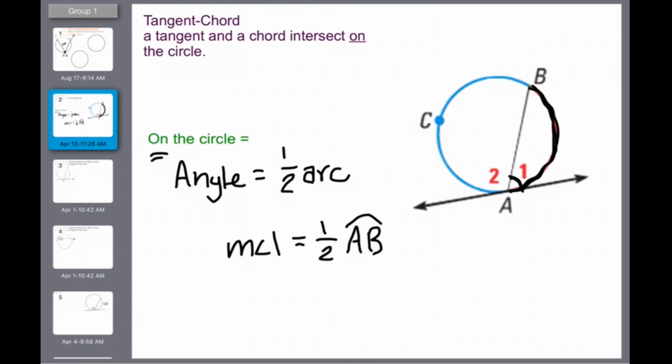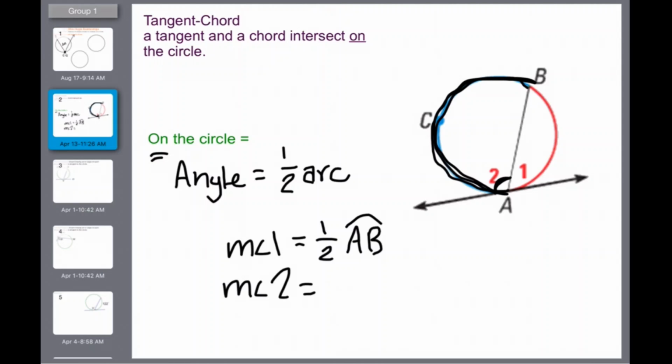And we can also do that with our other side, so it doesn't just apply to minor arcs, it also applies to major arcs. So let's say we wanted to find the measurement of angle 2. The measurement of angle 2 is going to be half of the measure of this arc, so it's going to be half of our arc AC.